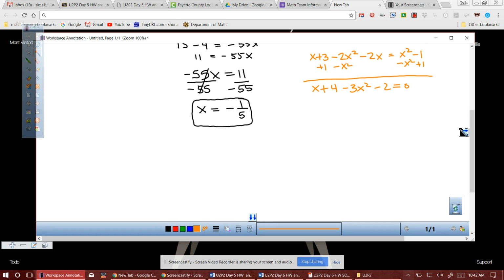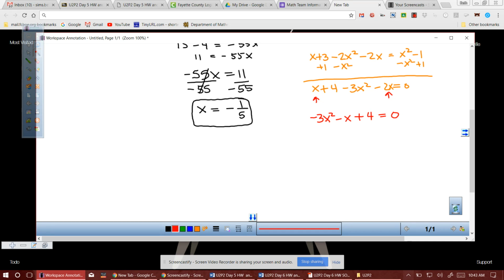So I realize, oh, I forgot to write the x right there. I realized that I have some like terms. I didn't put them together. So let's put those together. I really have negative 3x squared minus x plus 4 equals 0.